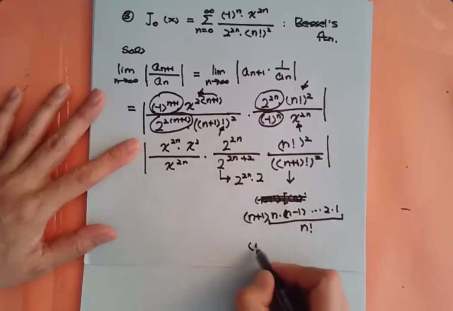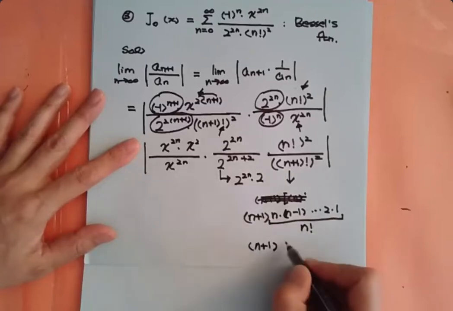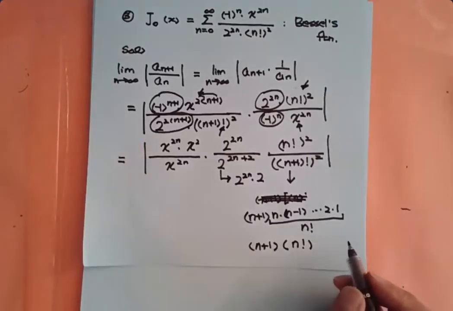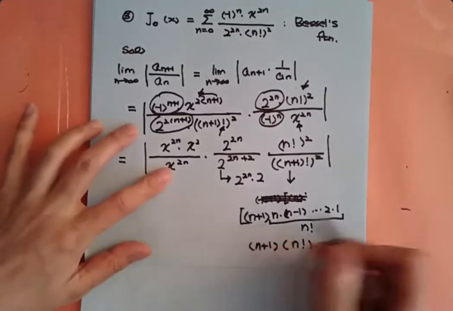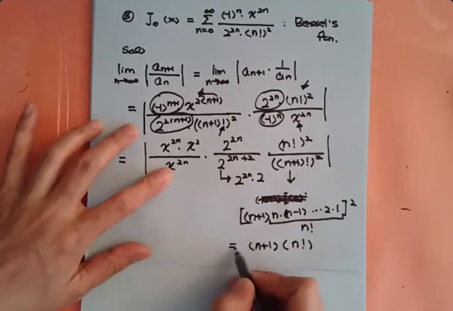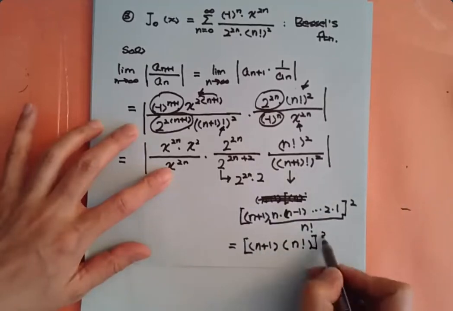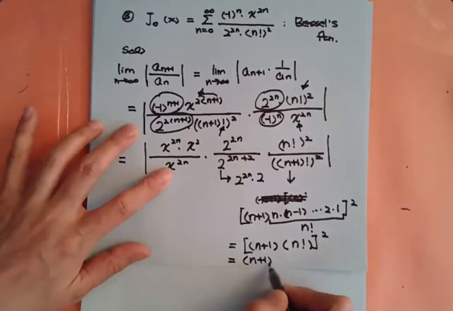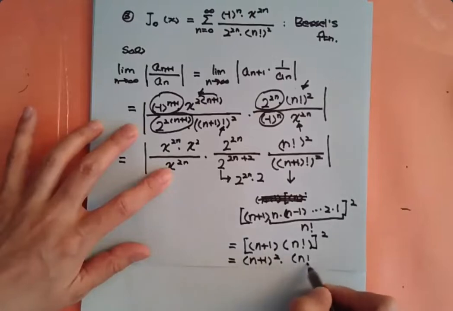So that is (n plus 1) times n factorial, and we square that, which gives (n plus 1) squared times n factorial squared.